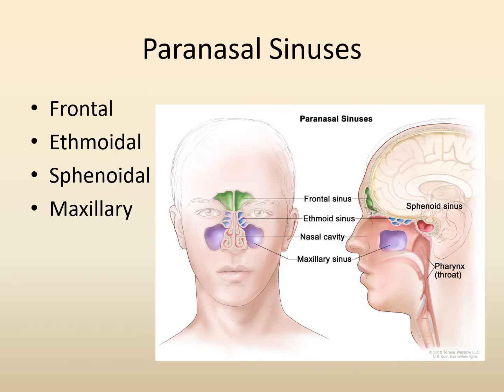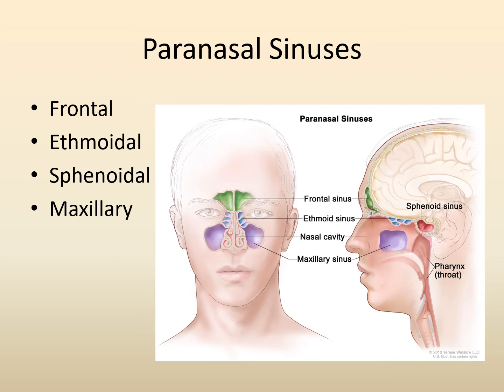With the skull, you do have 4 paranasal sinuses. These are cavities. They should be filled with air. Sometimes when you get an infection, they become filled with basically fluid and pus, and then that's when you feel the pressure of them. If any of you have had a sinus infection, you know exactly what I'm talking about.